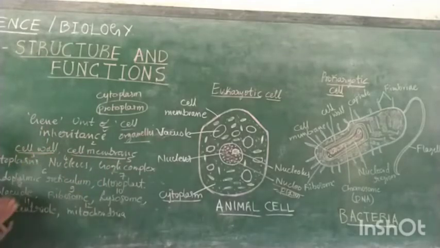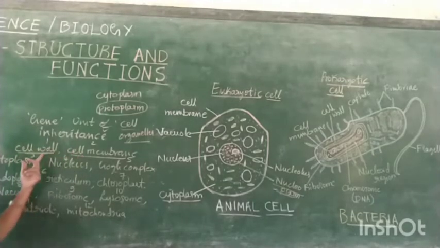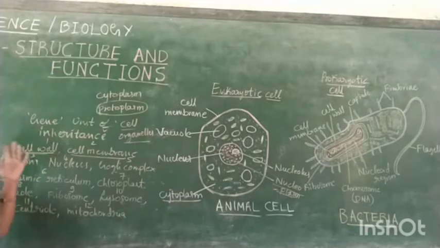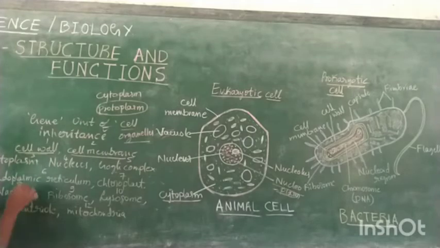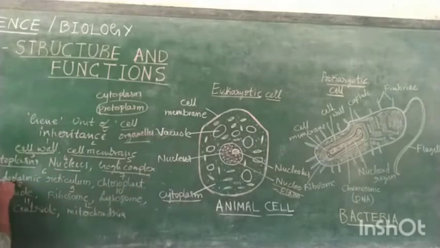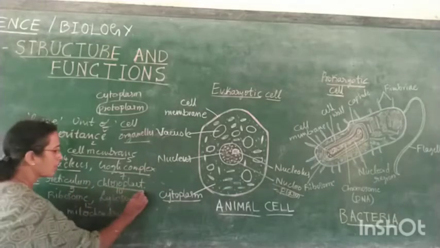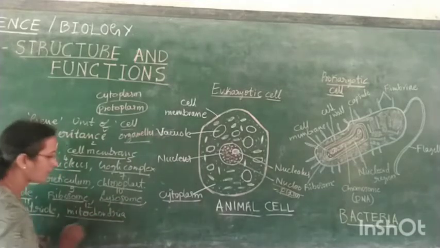Cell wall is exclusively present in plant cells. Cell membrane is also present in plant cells, so both cell wall and cell membrane are present in plant cells, whereas only cell membrane is present in animal cells. You have cytoplasm, nucleus, Golgi complex, endoplasmic reticulum, chloroplast, vacuole, ribosome, lysosome, centriole and mitochondria.